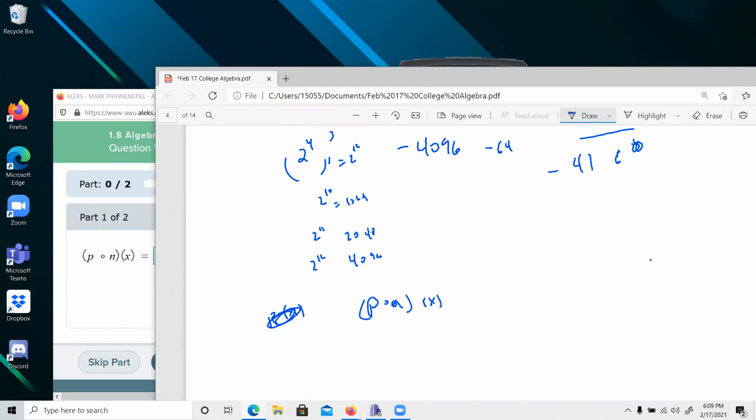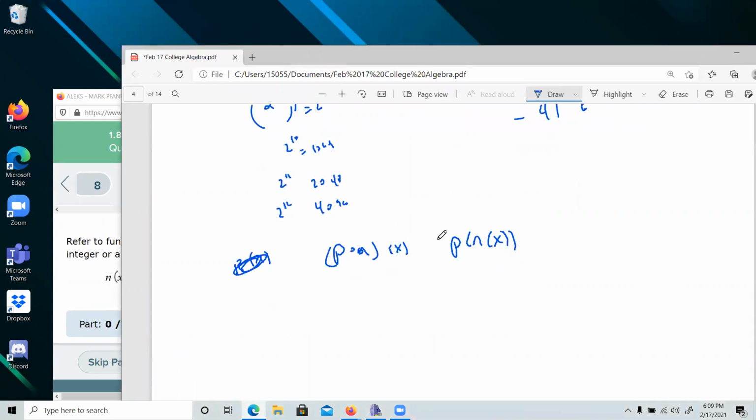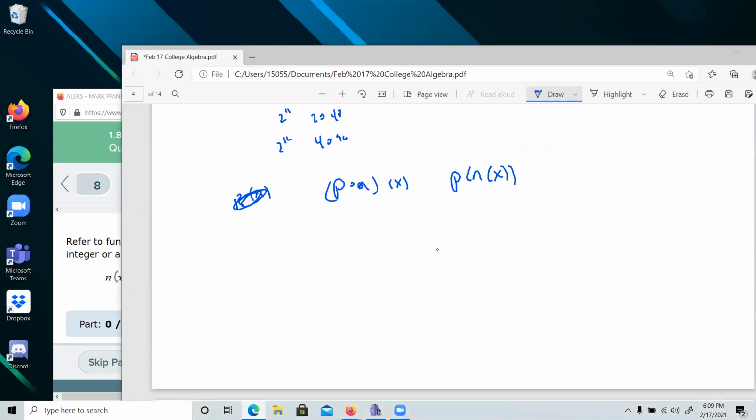Okay, P of n. And this is the way we would evaluate it. So what does P say to do? P says, take a number, square it, and subtract 6 times that number. So take a number, square it, and subtract 6 times that number.